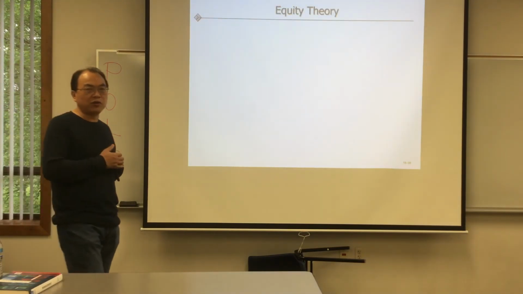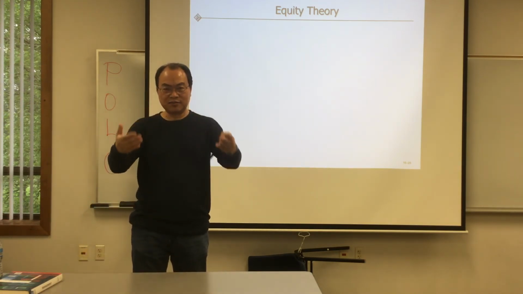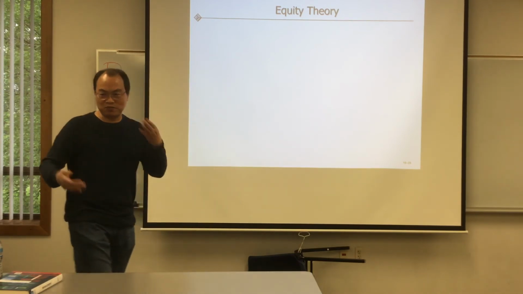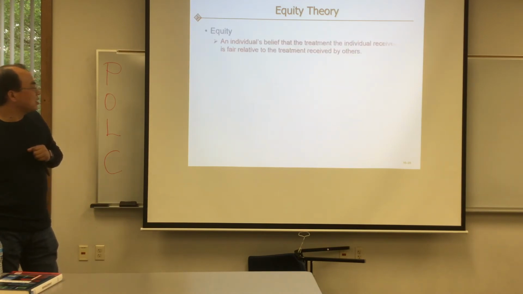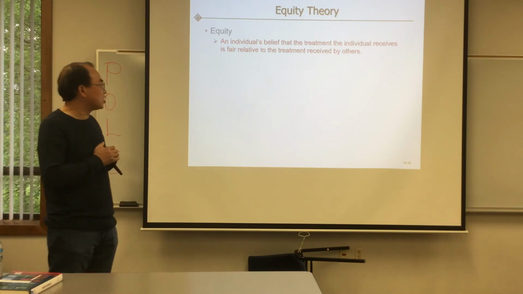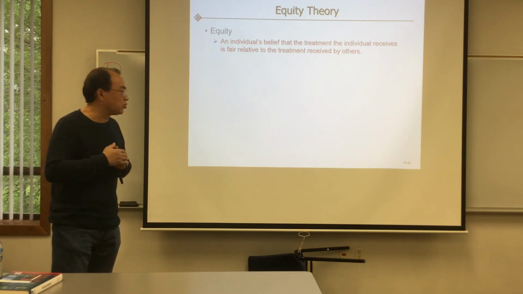Okay, the third theory we'll talk about is equity theory. Equity means must be equitable, must be fair. Basically, the definition here is that individuals believe the treatment they receive is fair relative to the treatment received by others.